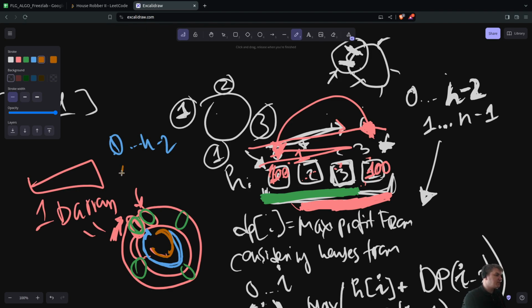This will help to avoid a situation when house number 0 and house number n minus 1 will both be selected to rob, and this is not a valid case. Okay, so that's it.